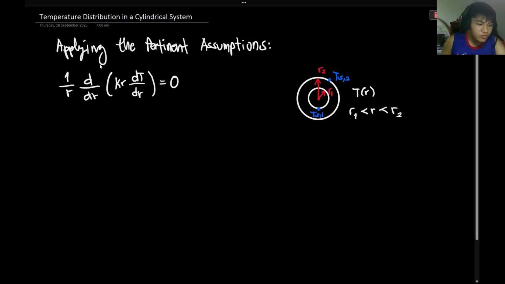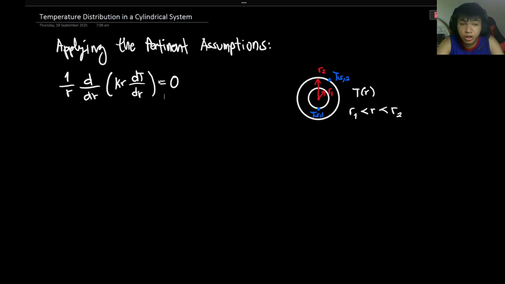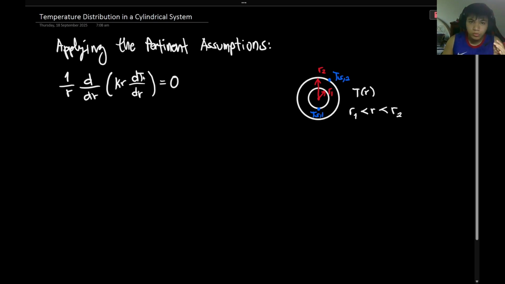First, we apply our core pertinent assumptions, which are constant properties, steady state conditions, no internal heat generation, and one-dimensional conduction. For the one-dimensional, the most simple one I chose is our r direction for cylindrical coordinates.